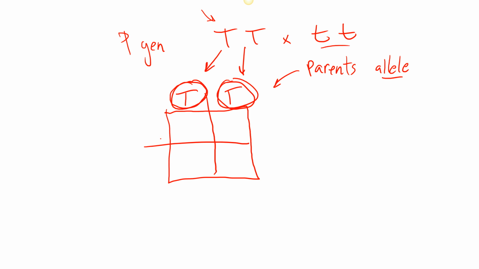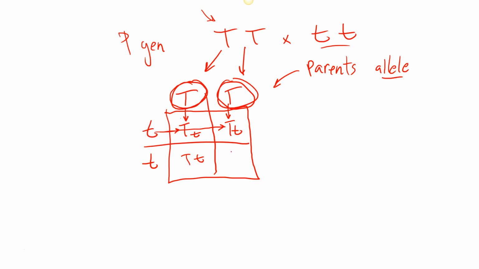Now I'm going to put this parent on the side. It doesn't matter which parent I put on the top and which I put on the side of the Punnett square. When we combine them, this allele goes here and this allele goes here, and so on. So we get a big T, little t, big T, little t. Same thing here.